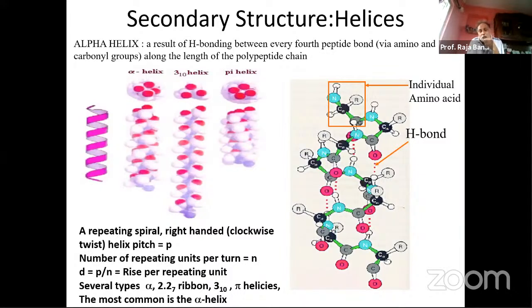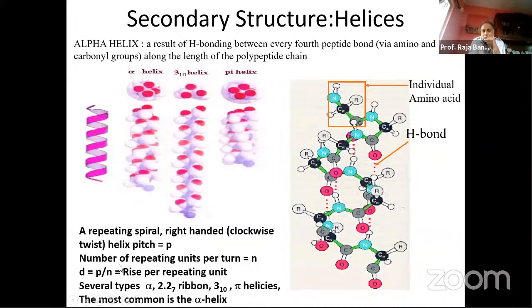Now, when we talk about the geometry of the helix, it is basically like a screw in physics, which has a pitch. Similarly, a helix has a pitch, and the pitch is equal to d times n, where n is the number of units per turn and d is the rise per repeating unit.